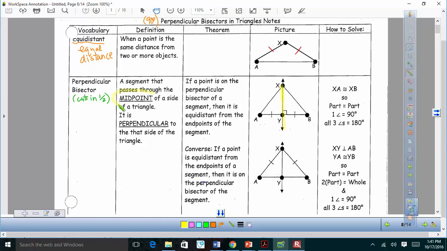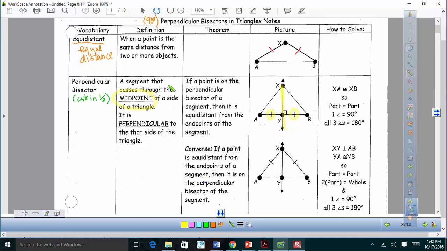So midpoint means, what does that mean about if we go through the midpoint Y? What does that mean about AY and YB? They're what? They're congruent, or they're equal, and they show you that with the tick marks. So if the perpendicular bisector goes through the midpoint, it means that these two bottom pieces of the triangle are going to be congruent.